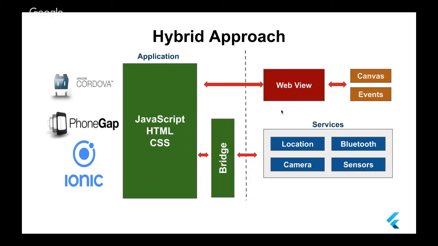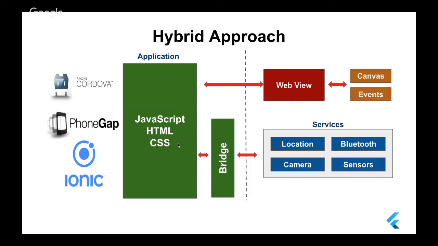So the question now: when I am using this approach, what are the benefits I can get? The first one, you are writing one code base, or a single code base, and you are building for different platforms, not only iOS or Android. Sometimes you can use something like Electron or other tools to build a desktop application and even export it as a PWA for web, or even a single page application for web.